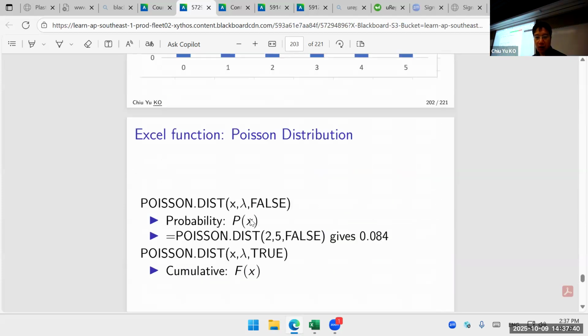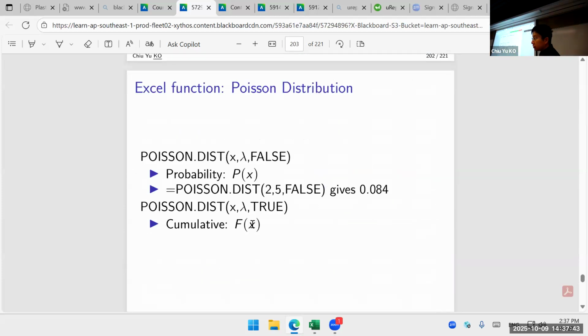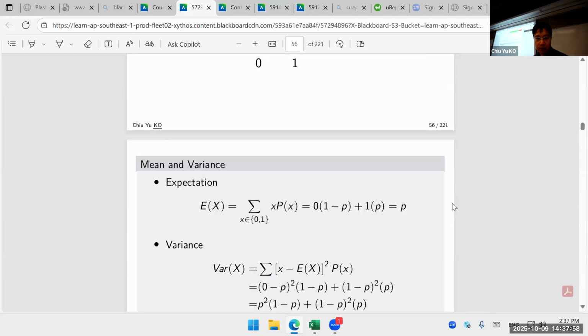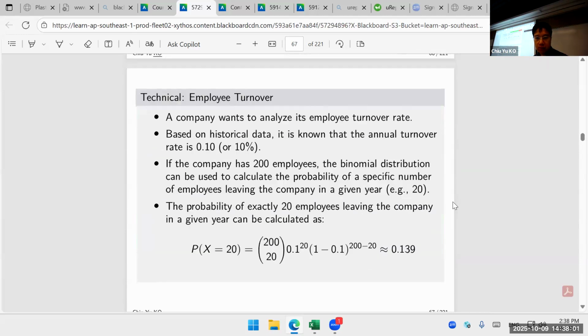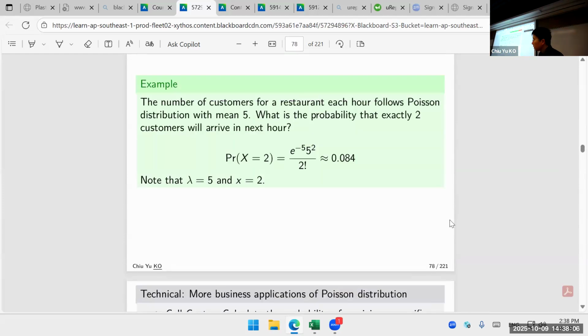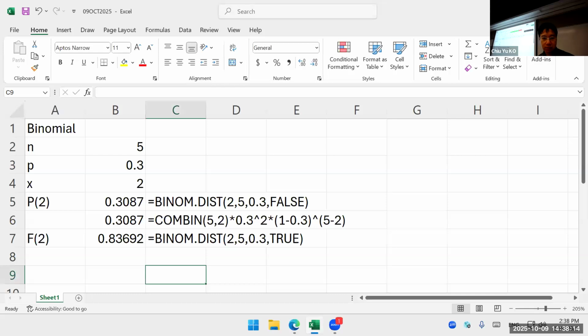Okay. The next one is Poisson. Let me demonstrate the Poisson. It is 5 and 2, right? Remember the question: Poisson.dist with x and lambda. Go back to the Poisson question. A restaurant with 5 customers coming in, exactly 2. So let me do Poisson here.